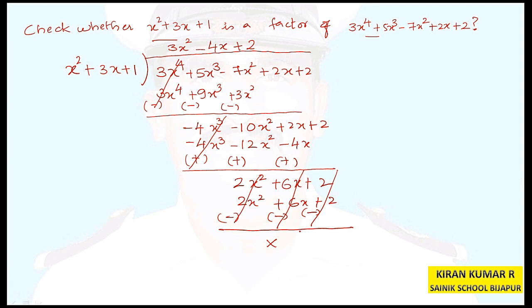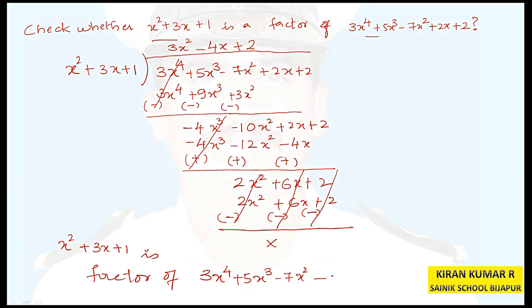What does it mean? It means that x square plus 3x plus 1 is a factor of 3x raised to the power 4 plus 5x cube minus 7x square plus 2x plus 2, because the remainder is 0.